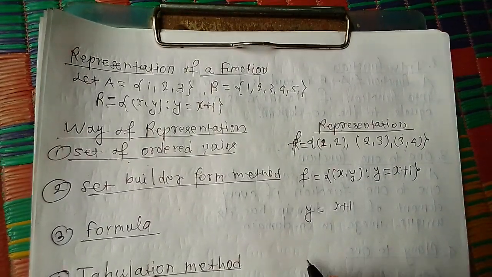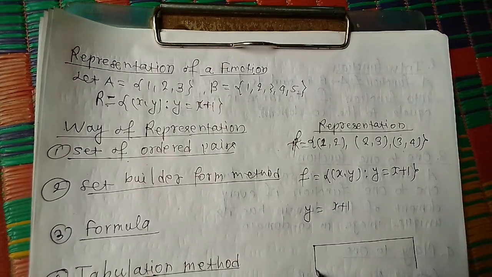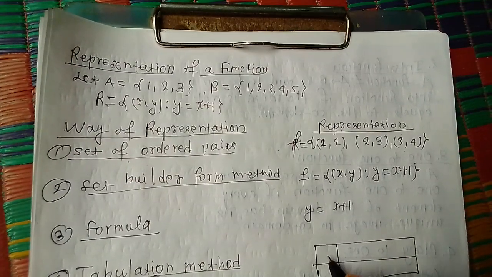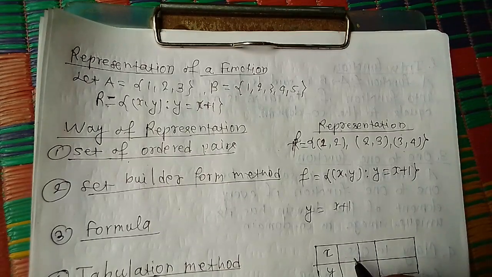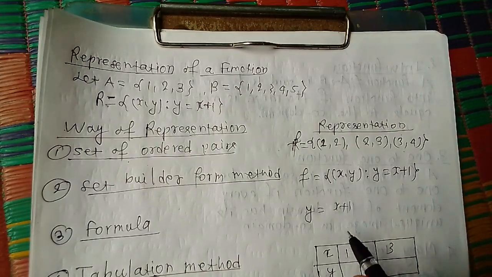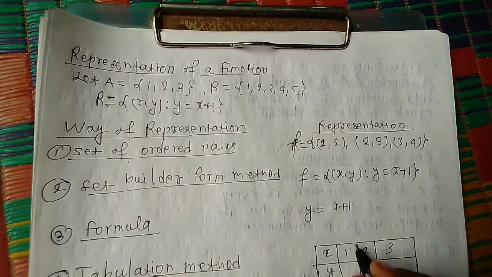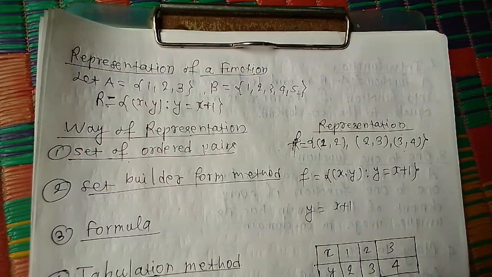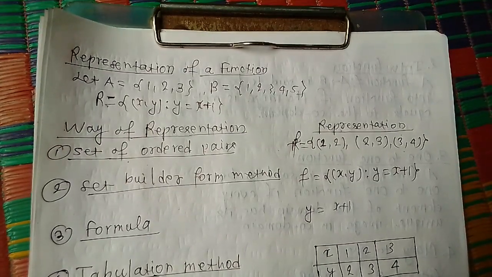Tabulation method: by making a table, draw a table and divide into x and y: 1, 2, 3, and the images are 2, 3, and 4. Arrow diagram, what will be the arrow diagram?